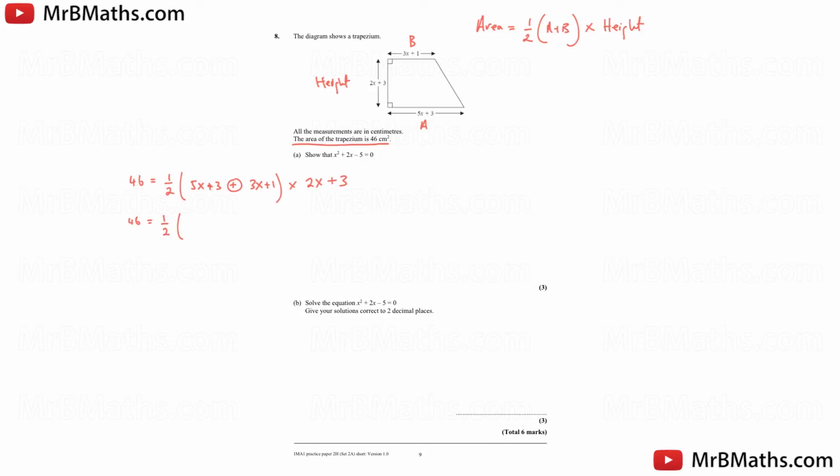So 5x plus 3x would give us 8x plus 4, then times by 2x plus 3. So we can get rid of this half, and we could write 46 equals 1/2 times 8x would give us 4x, and 1/2 times plus 4 would give us plus 2. And then we could write 2x plus 3 in a bracket like that. So just bring that up here, we'll have 46 equals 4x plus 2, 2x plus 3. So we need to do FOIL here.